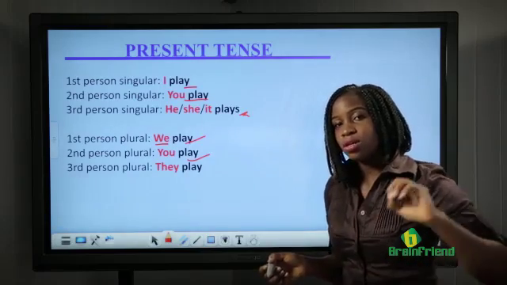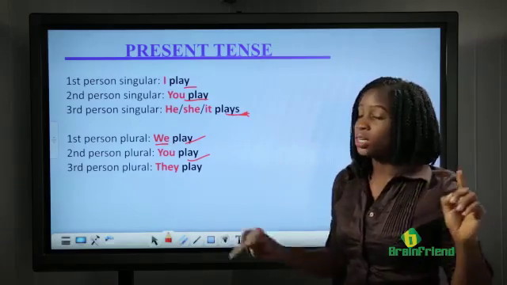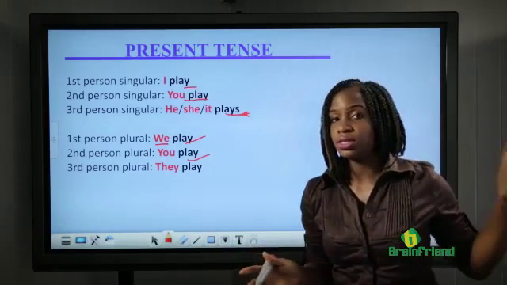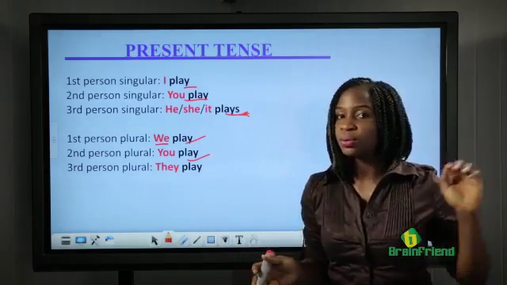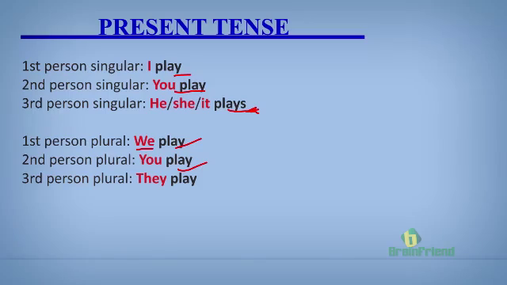When talking about other people, now not one like we learned here, talking about more than one person, maybe 5 people, talking about them, this time we do not add s. So what do you see as different? We add s only when talking about the third person singular. But when talking about the third person plural, that is more than one, we do not add s.